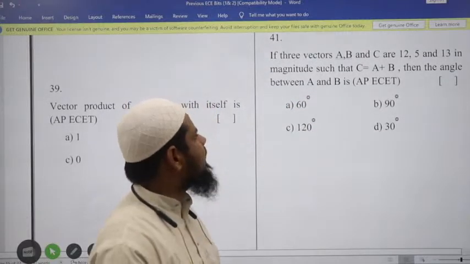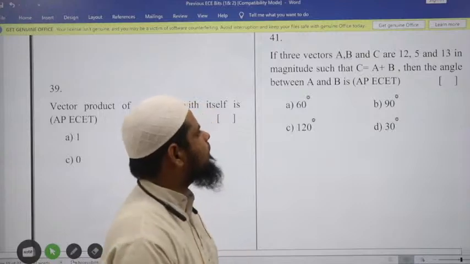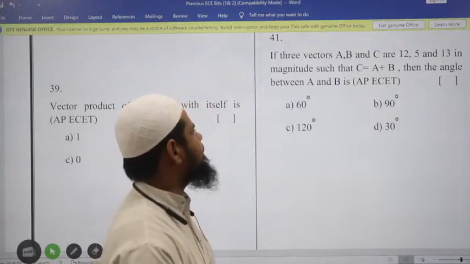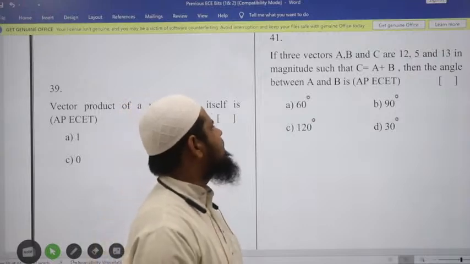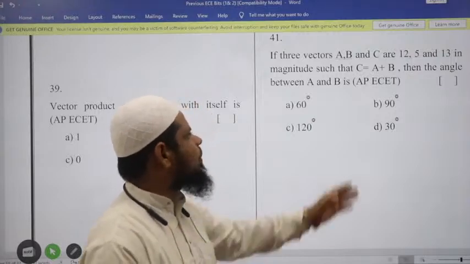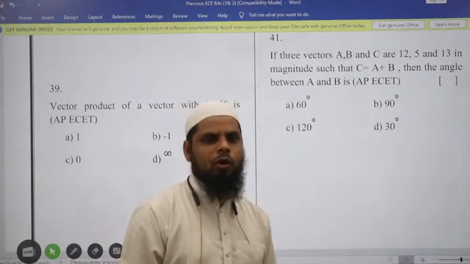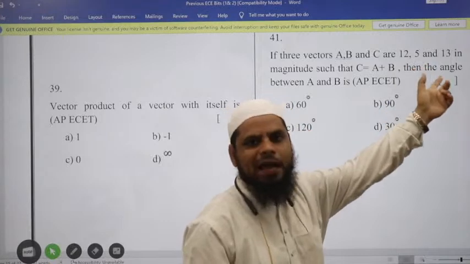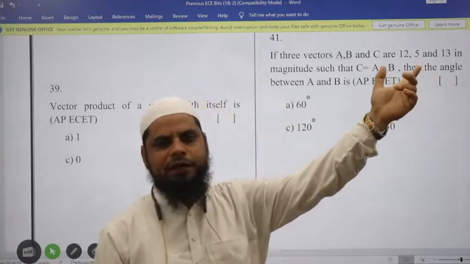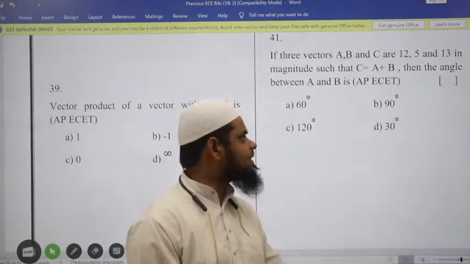If three vectors A, B, C are 12, 5 and 13 in magnitude such that C is equal to A plus B, then the angle between A and B is, look at this, what you are getting here, 12, 5, 13, these are the rectangular components. Can you guess the answer please?